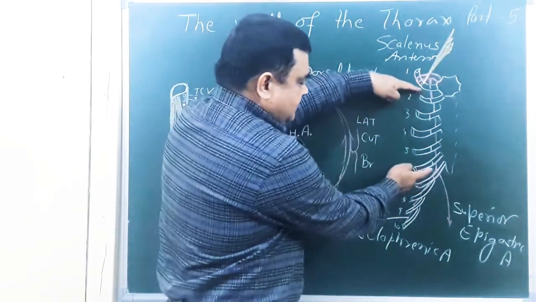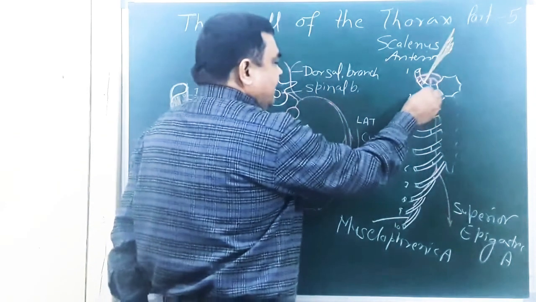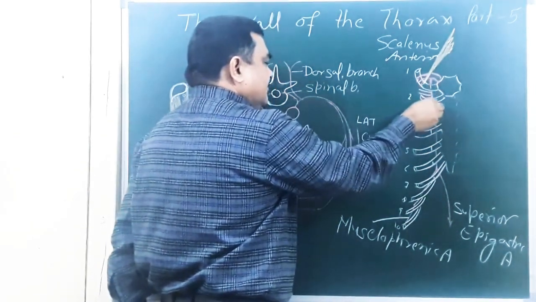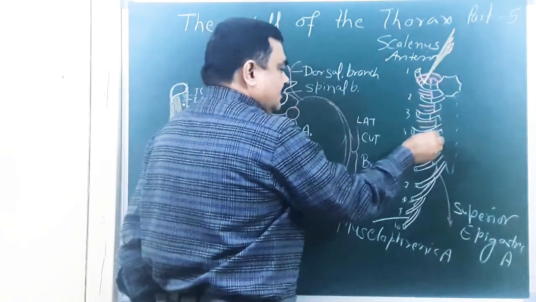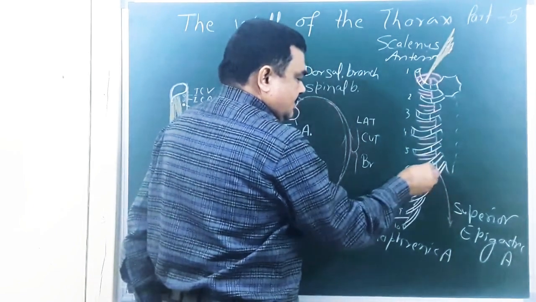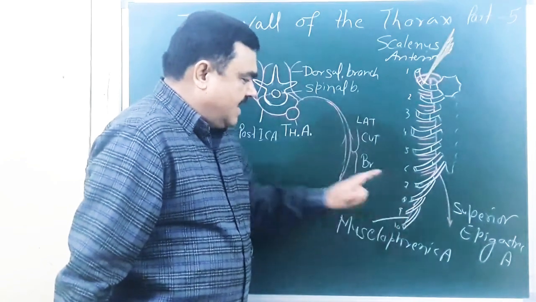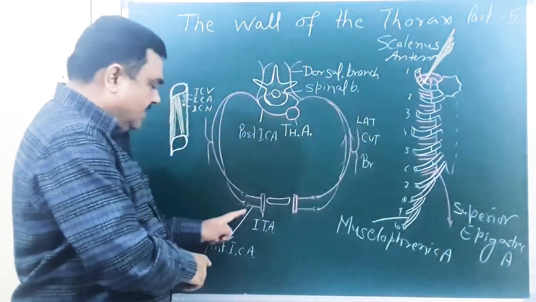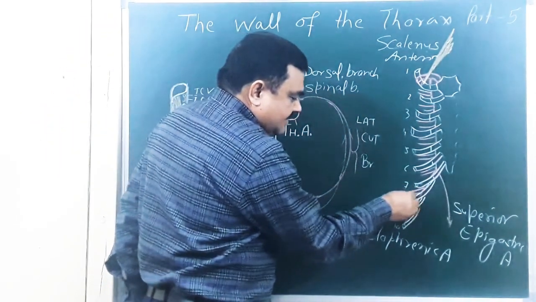From the first to sixth space, it arises from the internal thoracic artery. So each space has two arteries. In the 7th, 8th and 9th intercostal space, this anterior intercostal artery arises from the musculophrenic artery.